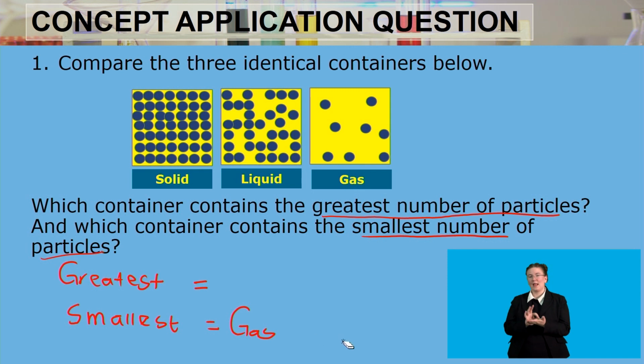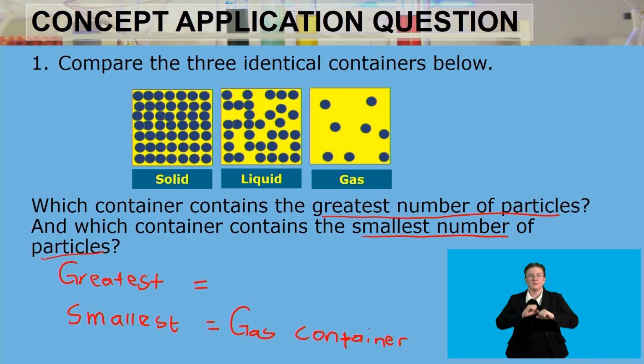Let's write it nicely. Container. And then we need to check between the solids and the liquid, which one has the greatest number of particles. Remember that the particles in a solid are closely packed together as compared to the particles in a liquid.